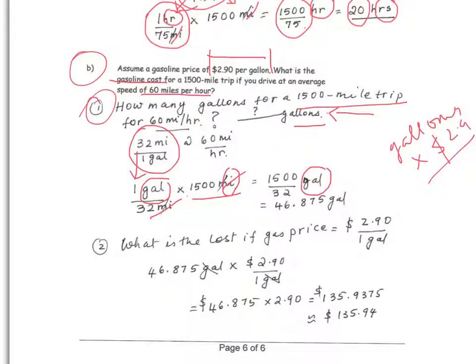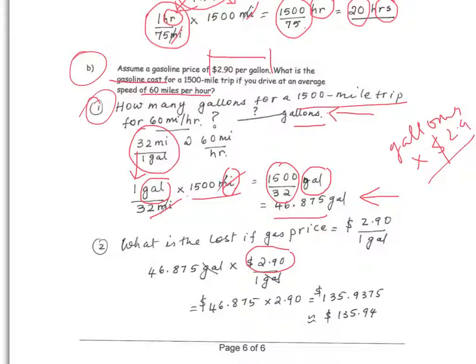We combine the numbers, 1500 divided by 32, and we get 46.875 gallons. So now that we know how many gallons were bought in the 1500-mile trip, we need to now figure out the dollar amount by multiplying the number of gallons with the dollar amount.